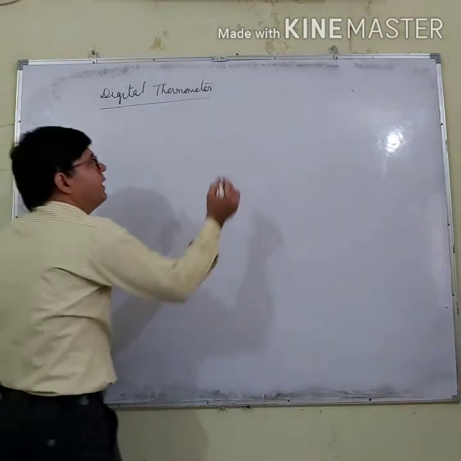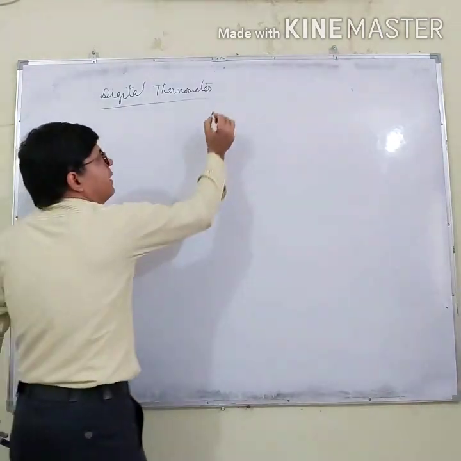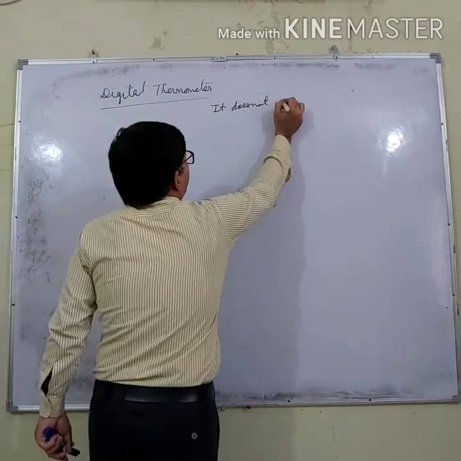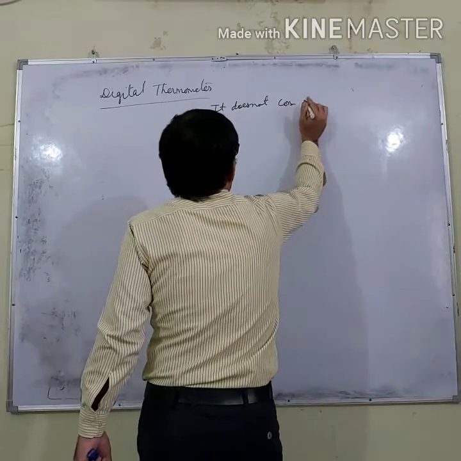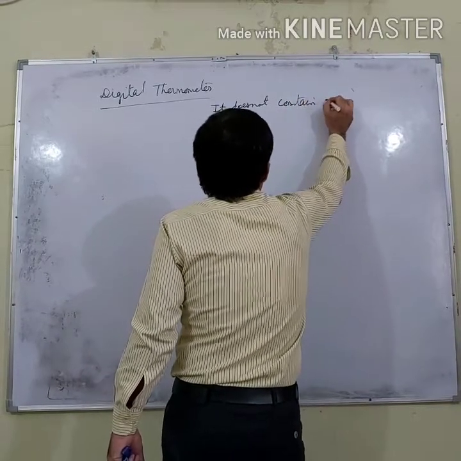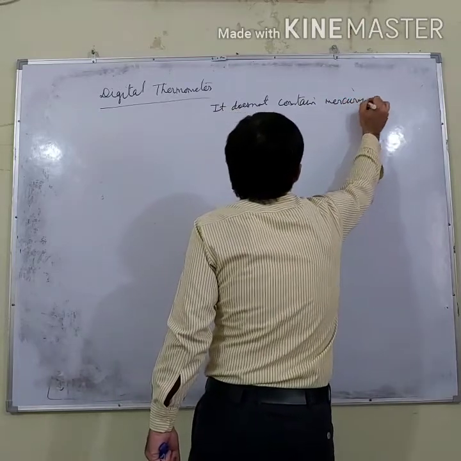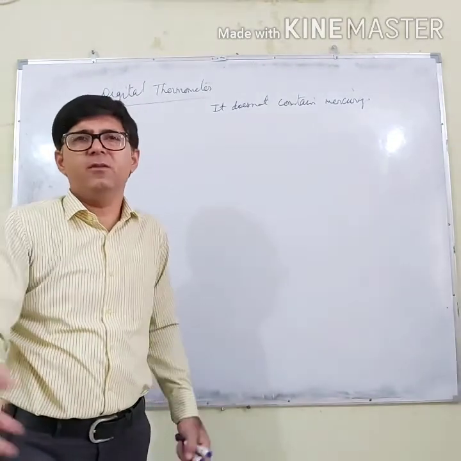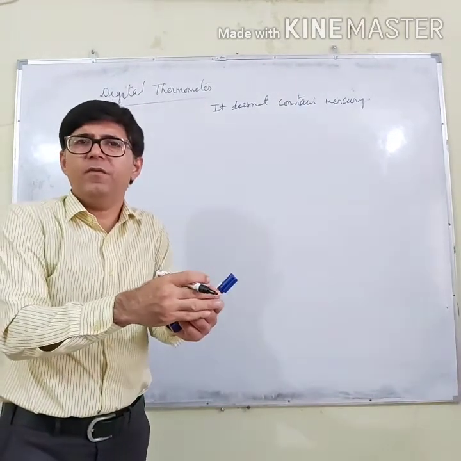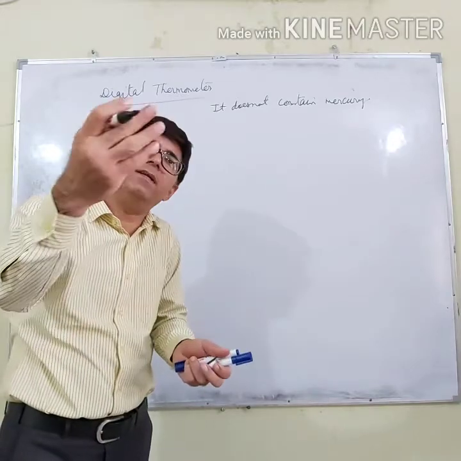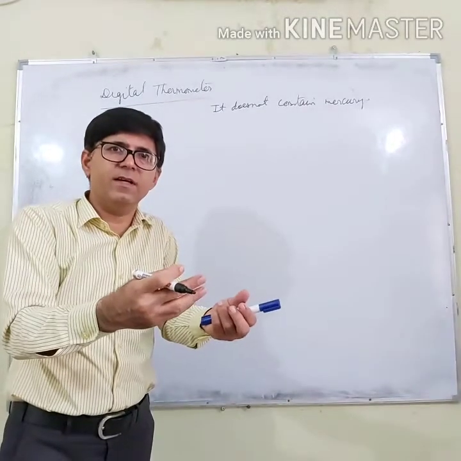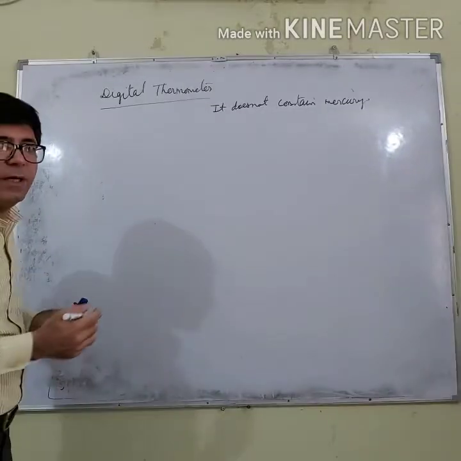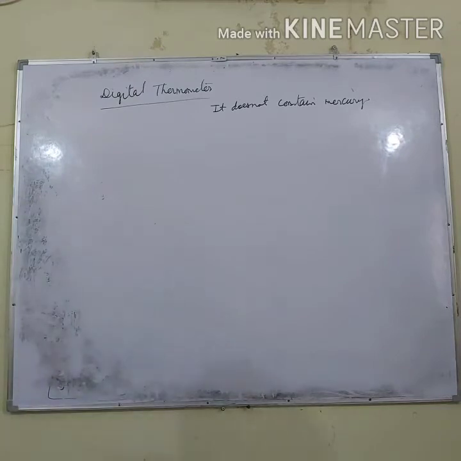This digital thermometer does not contain mercury. Since it does not contain mercury, it is not based on expansion. It is based on the variation of some property with temperature. That property could be resistance, etc., that you will study in your higher classes. So that is the digital thermometer.